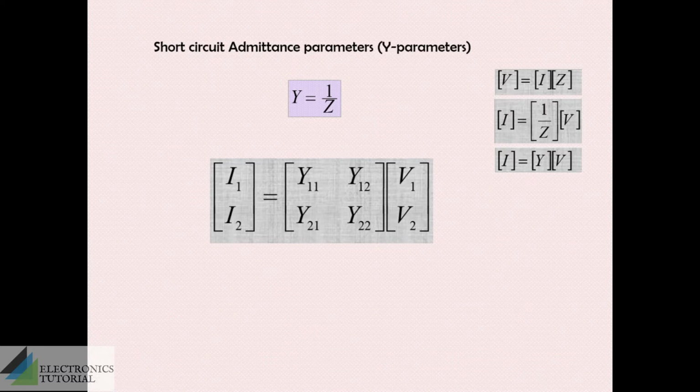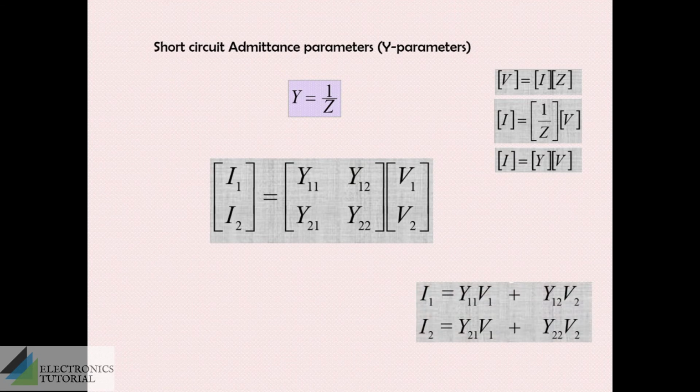This matrix format can also be represented as equations. The first equation is I1 is equal to Y11 into V1 plus Y12 into V2. And the second equation, I2 is equal to Y21 into V1 plus Y22 into V2.